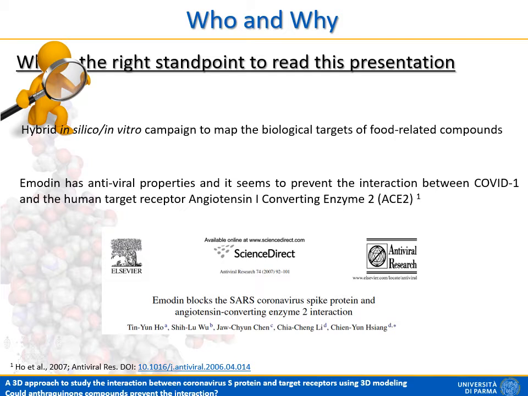In particular, Emodin is able to prevent the interaction between the spike protein of the coronavirus discovered at the beginning of the 2000s and the human target receptor, that is the angiotensin 1 converting enzyme 2, ACE2. Such an inhibition may also result in a reduced capability of the virus to infect cells.